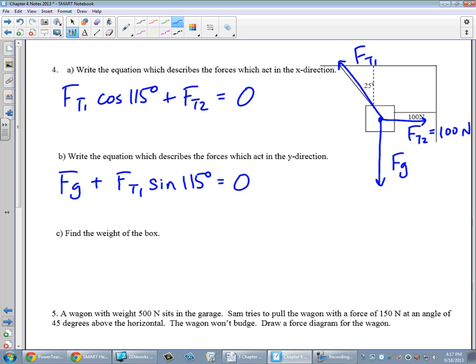And to find the weight of the box, what I'm going to do is take my first equation and plug in 100, and I'm going to solve for FT1. I get 236.6.